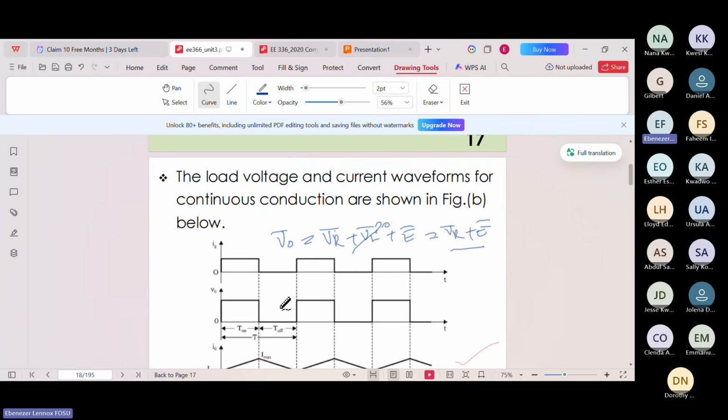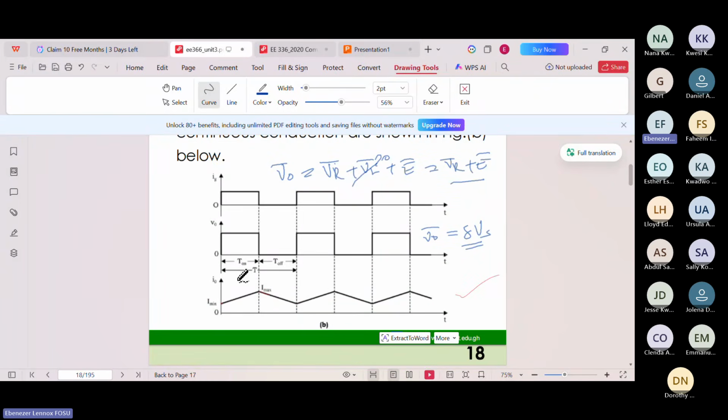So we come to the waveform and calculate for V naught. I think we've seen this waveform a number of times. V naught average will be duty cycle times the supply, right? So this will be the output voltage, that is the average. Then the average current, this waveform we also have seen.